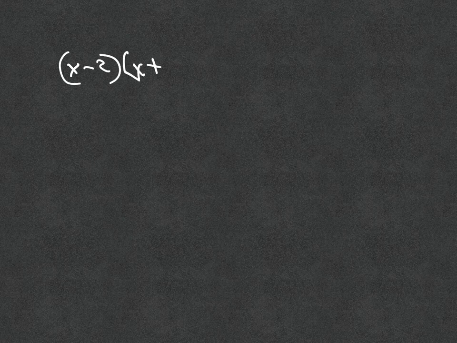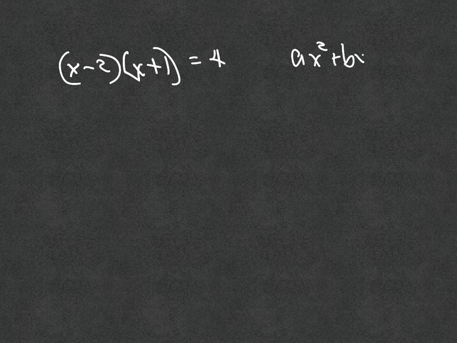Okay, so example number 7. Let's look at that. We have x minus 2 and x plus 1 equals 4. All right, so in order to put it in this form, we have to do some tweaking.